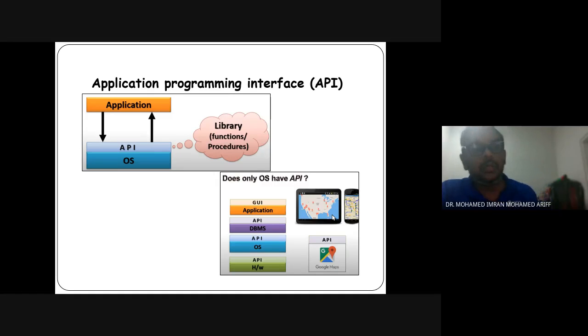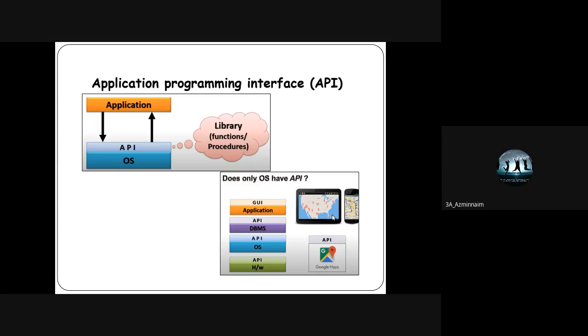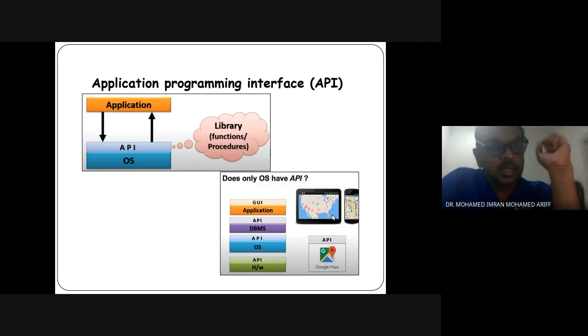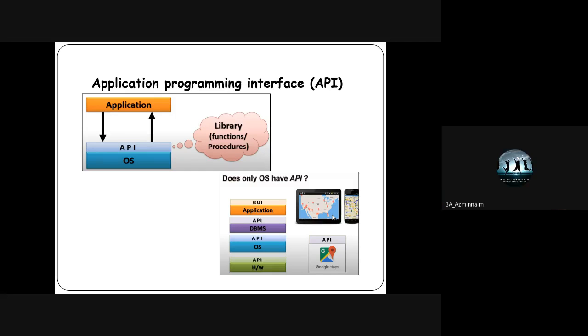Correct. Boleh, betul. Jadi kalau input output device tu akan ada API juga. Can you repeat your last statement tadi tu? Saya kata API ni boleh guna untuk benda lain juga kan? Contoh macam input output device.